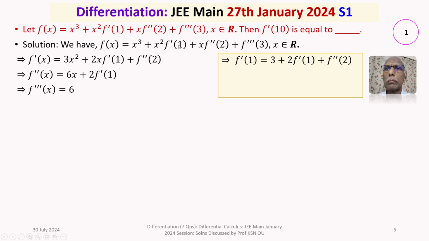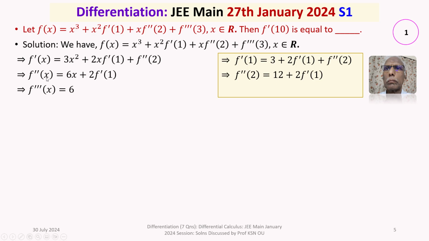We want f prime 1 in this, so put x is equal to 1. Then you will get f prime 1 is equal to 3 plus 2 times f prime 1 plus f double prime 2. Now get into the second one.